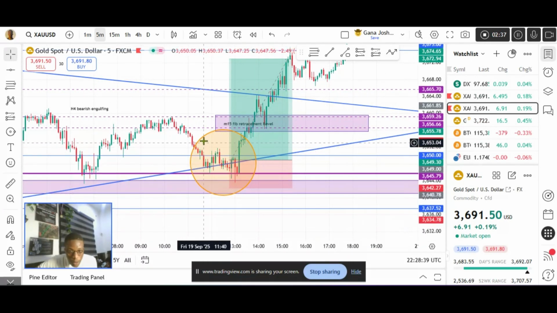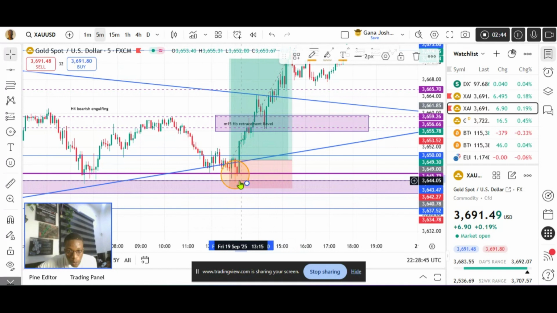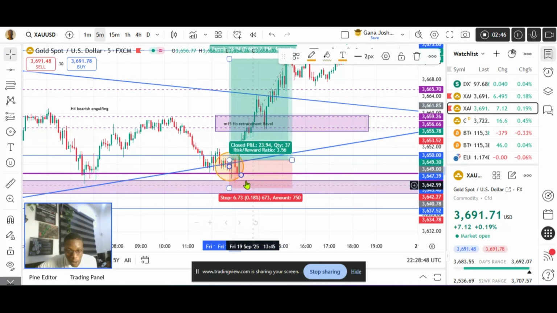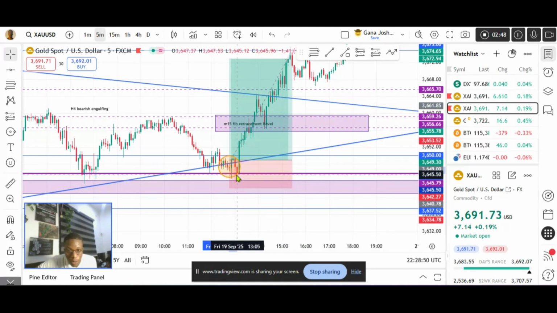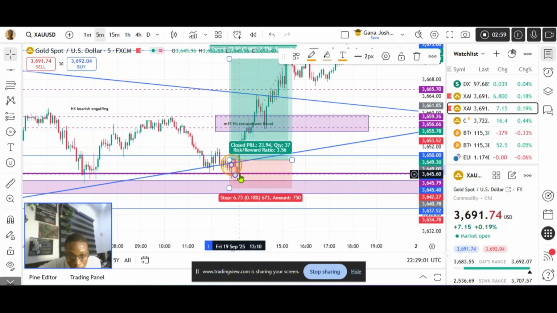So look at what gave us our entry. If we look at this particular 5 minutes close, this particular bullish engulfing was what made us buy. Can you see, after the close of this engulfing here, we bought and we just had a little bit of retracement.